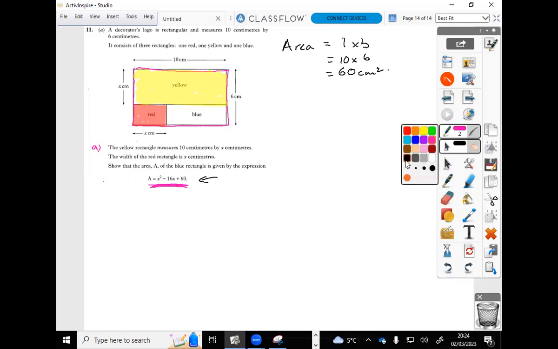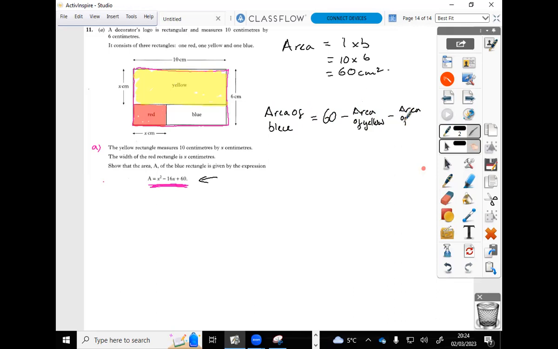So area of the blue equals total area, 60, minus area of yellow, minus area of red.